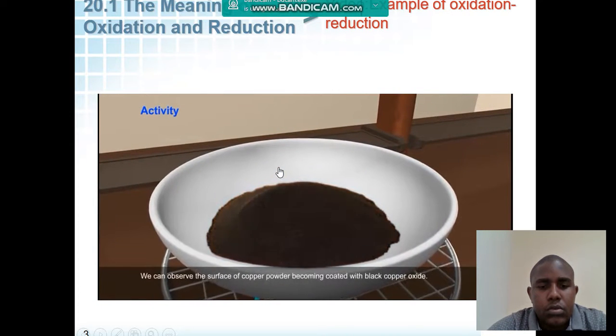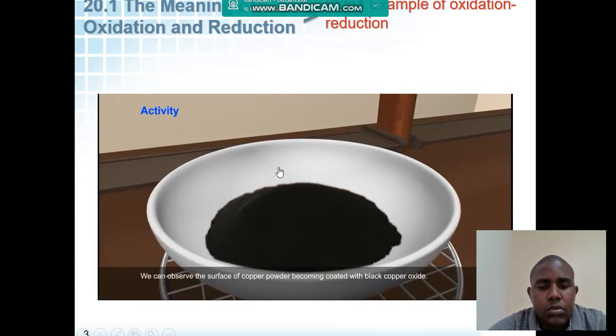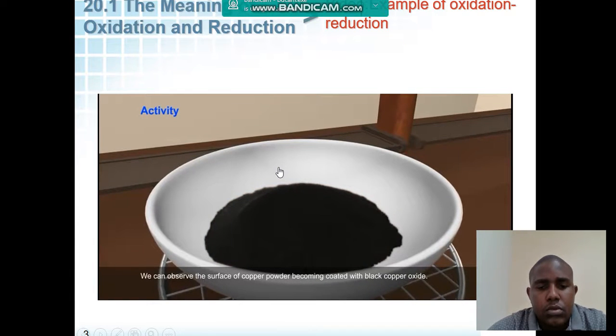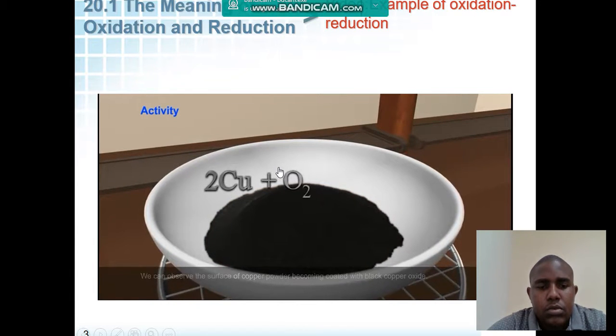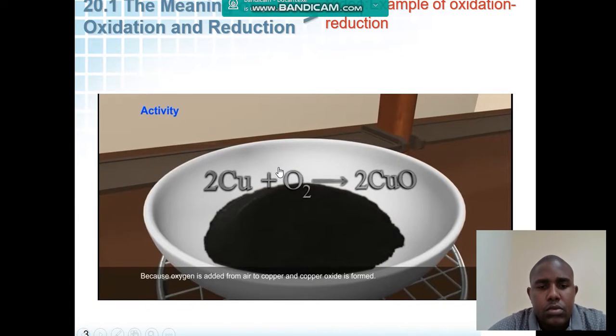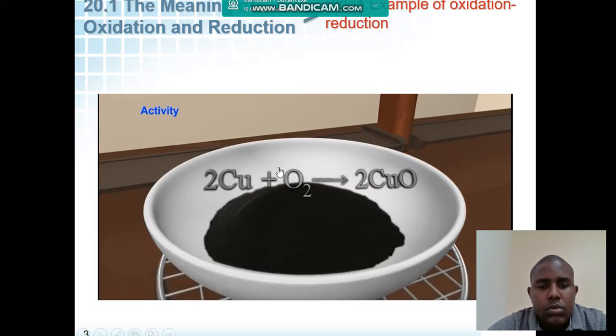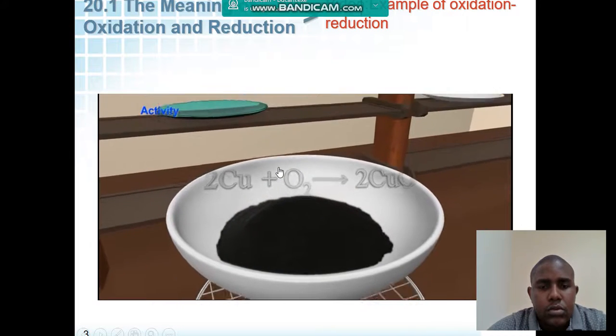We can observe the surface of copper powder becoming coated with black copper oxide, because oxygen is added from air to copper and copper oxide is formed: 2Cu plus O2 gives rise to 2CuO.